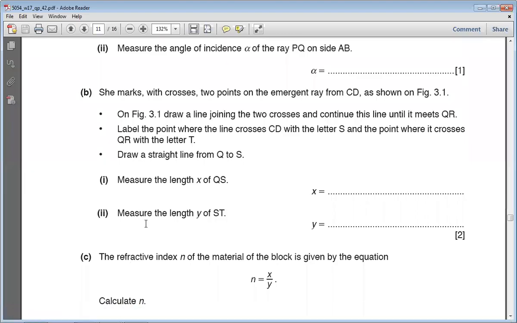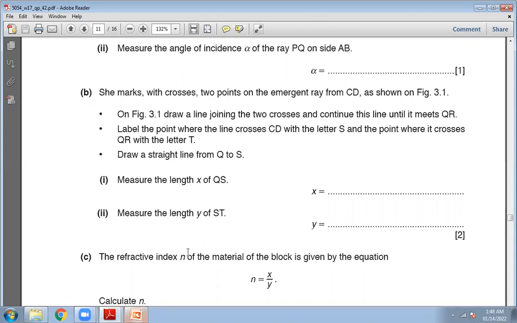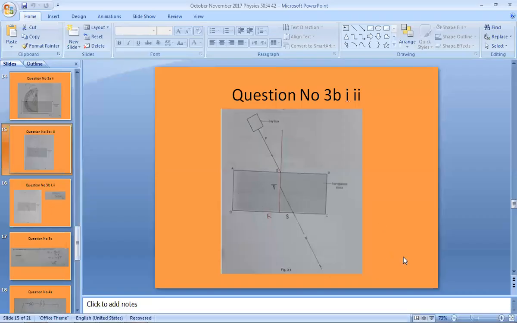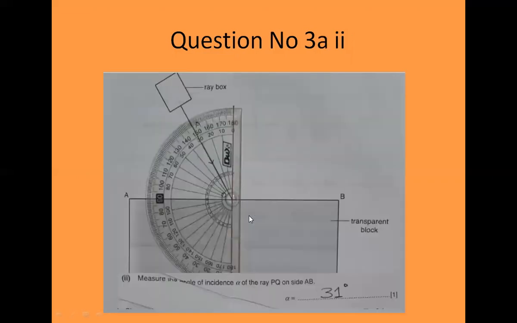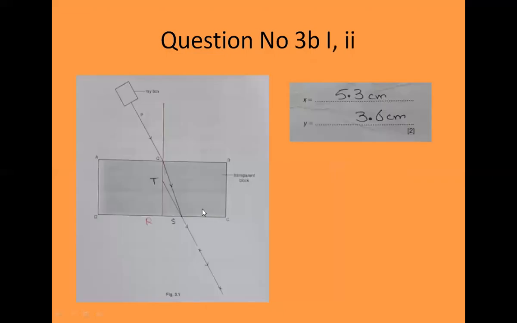Next, they are asking us to draw a straight line from Q to S. Then measure the length X of QS. We have to measure QS and ST. Here you can see I have joined Q with S and T with S, and I have measured them.